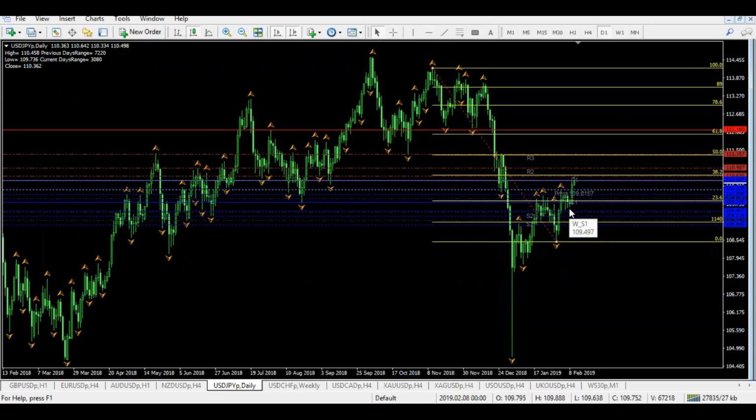Even if it was formed here, I would put it here. This way, the 61 becomes 38, and 38 would be 61. There's a 50 in between them. You have a pivot in between them. And this is my 78, that 61 is on it.